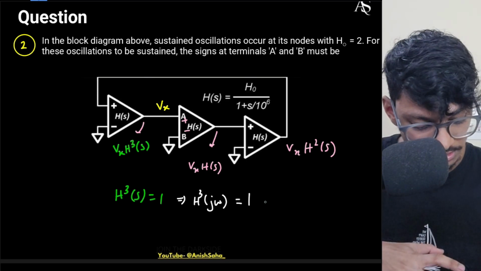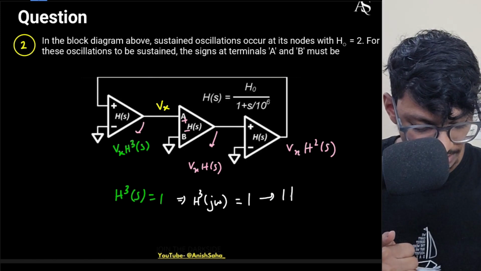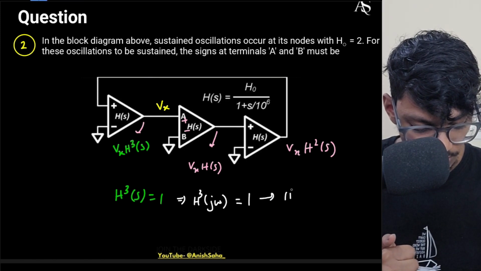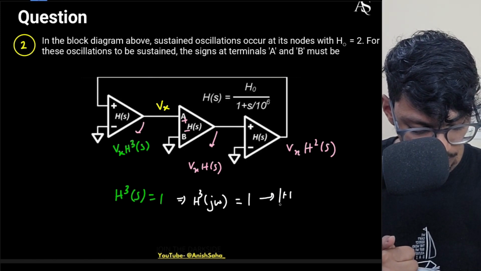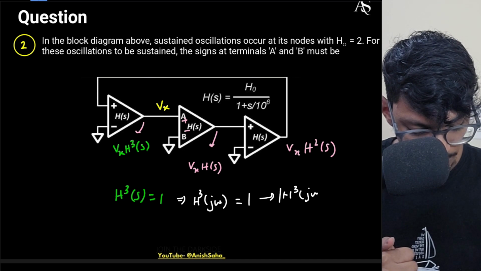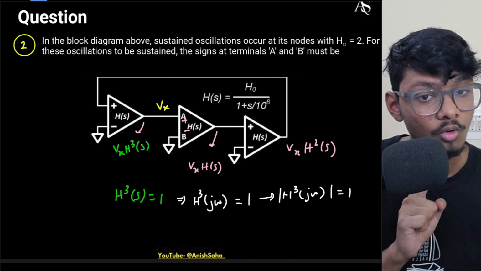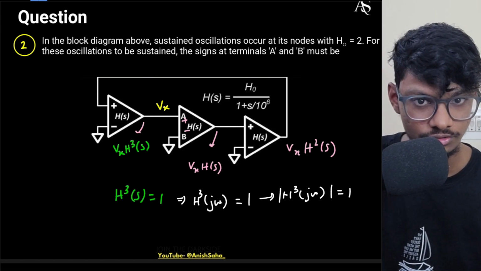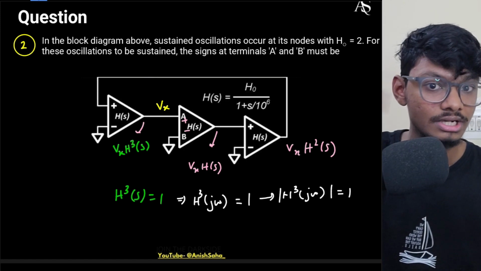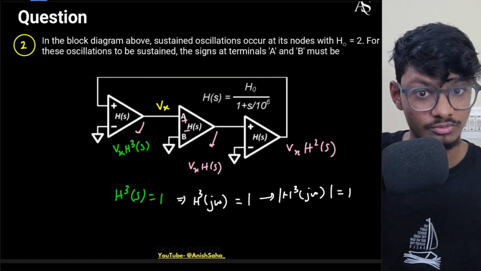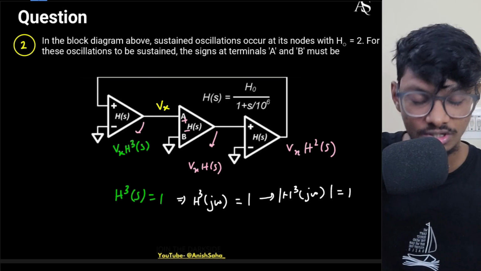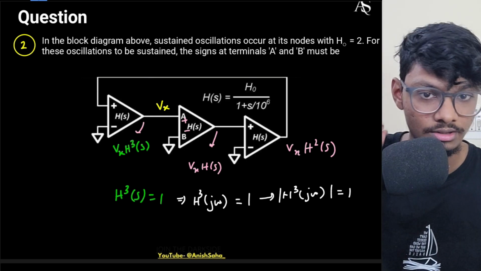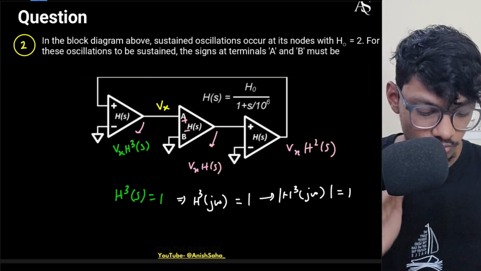Now, it's not only one case, that the magnitude of H cube of j omega must be equal to 1. It's not the only condition. If you remember, if we have studied control systems, then in relative stability as well, we determined a few conditions. One was the magnitude condition, the other one was the angle condition. So here also I will get two conditions.